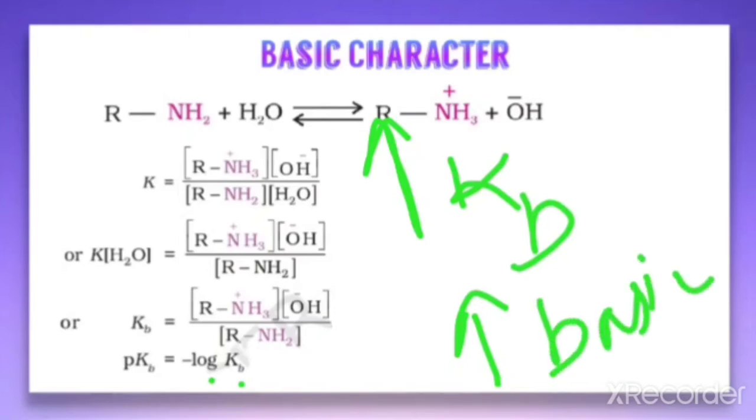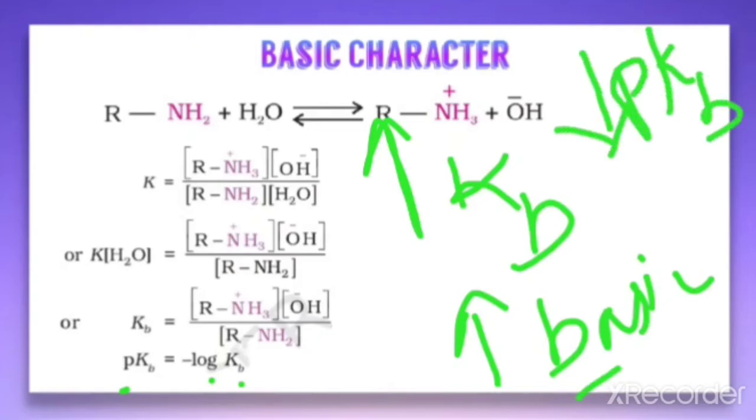Since pKb is equal to negative log of Kb, if Kb is greater, the pKb value will be smaller, and we can say that the basic character will be greater. So we can easily identify the basic character on the basis of its Kb value. We can compare the basic characters by their Kb or pKb values.